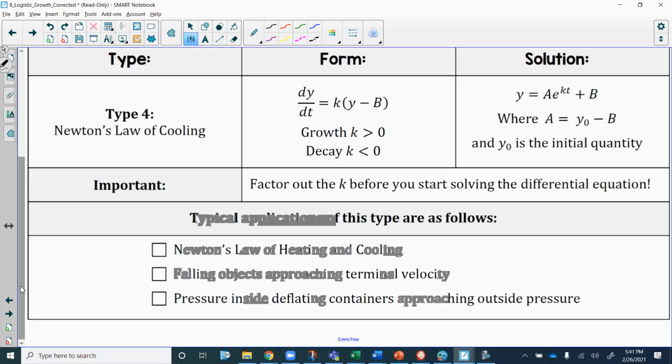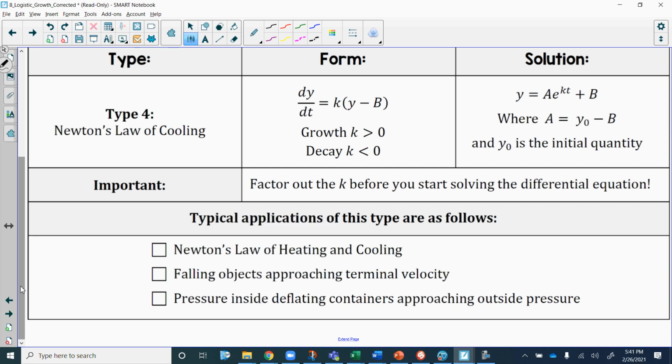So the differential equation that we have, dy/dt, is going to be equal to the k value, and again, that's a relative growth rate, times y minus b, and b, in that case, is going to be the constant. That's the ambient air temperature, or whatever it is of the room that you're working with.